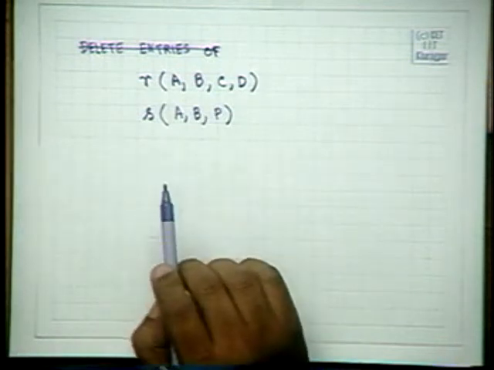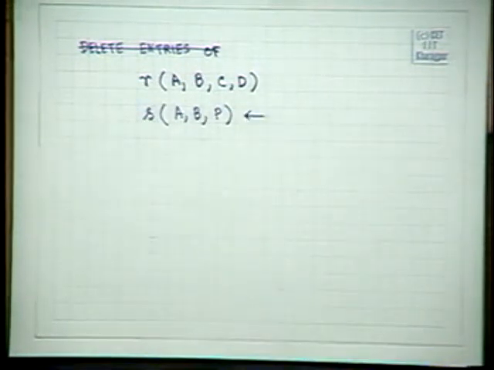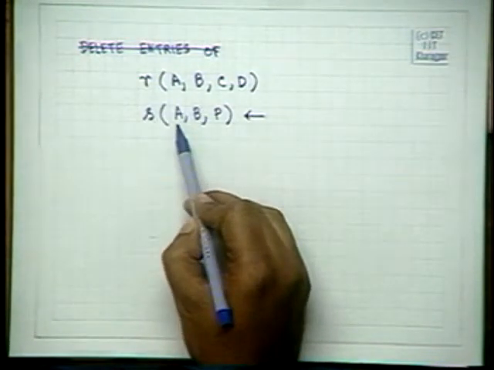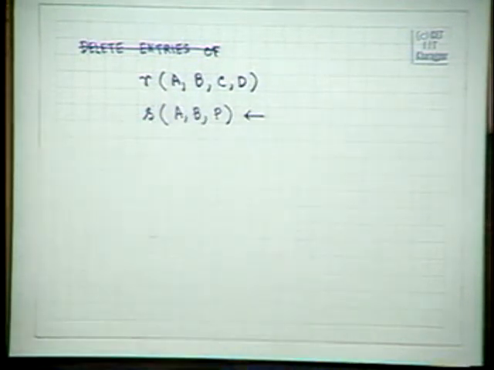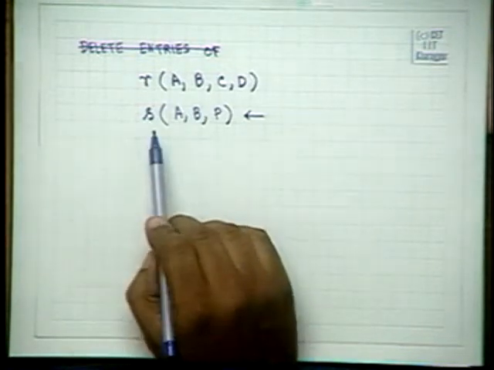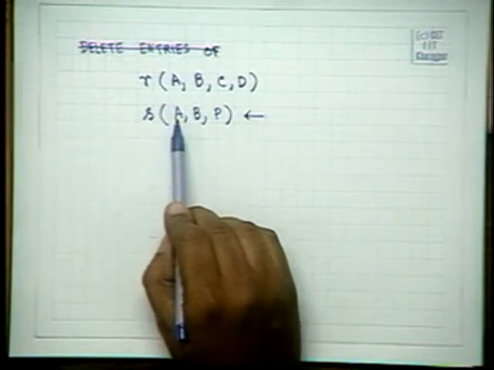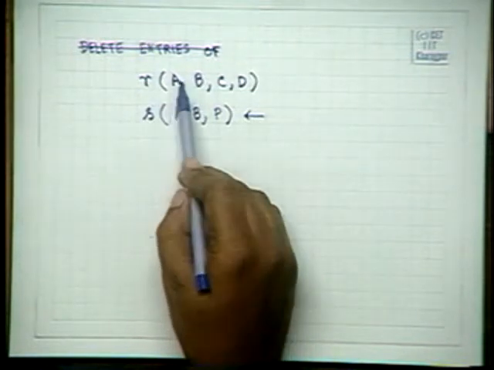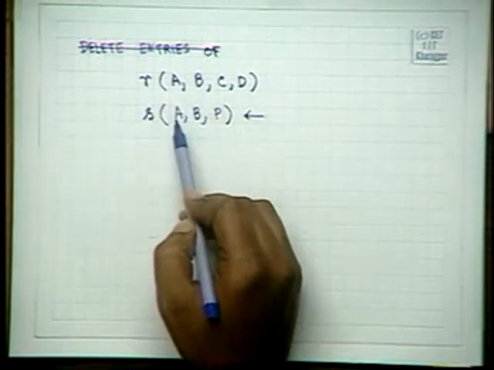Now we want to remove from S those tuples such that the A and B values are available in R. See, in our example here, in the relation borrow, we found out the card number is in the relation R. From the relation R, we found out the card number of Vijay.